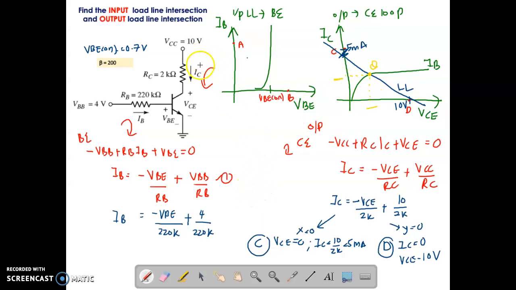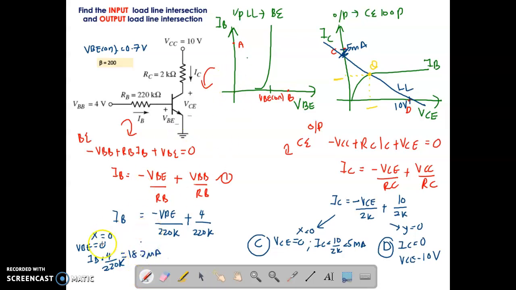So for your input load line, what will happen when x equals 0? Your x here is VBE, so VBE equals 0. Your IB will be 4 divided by 220K, so you get IB equal to 18.2 microampere.